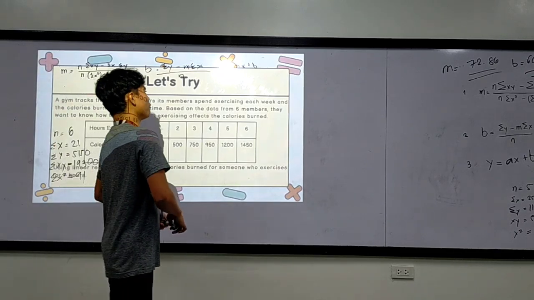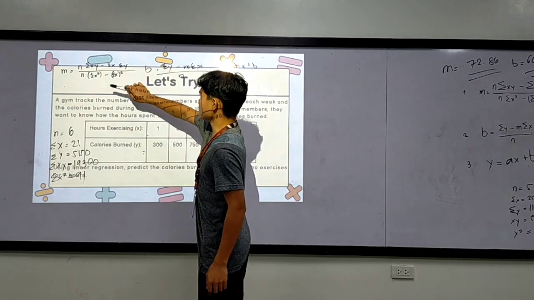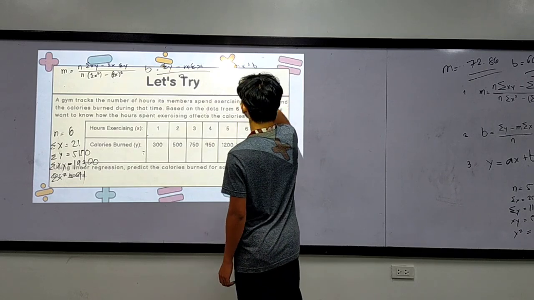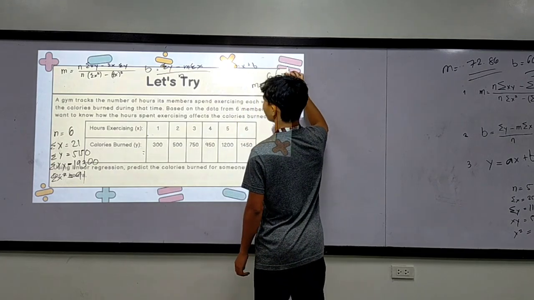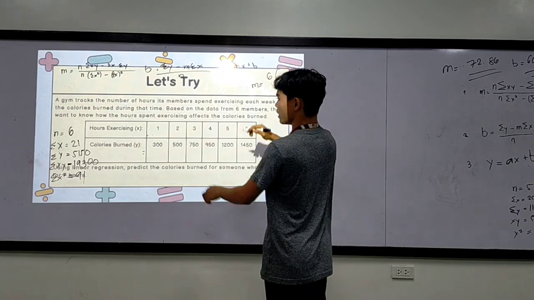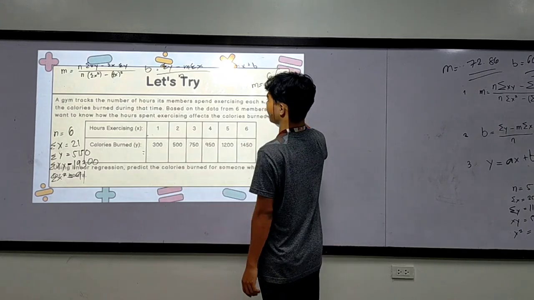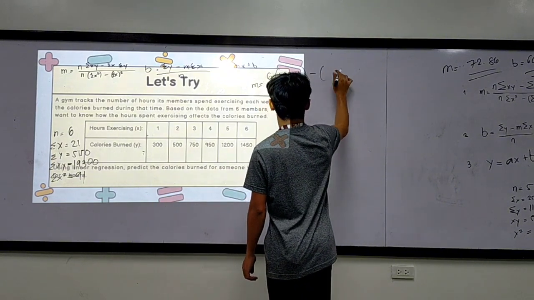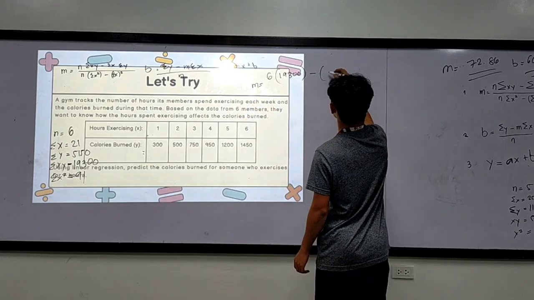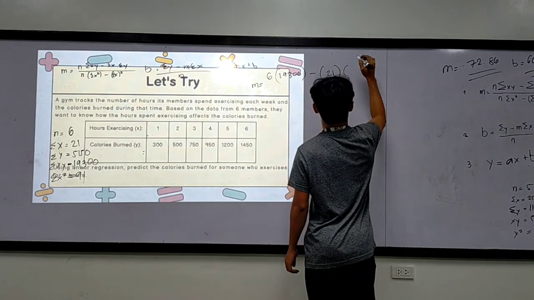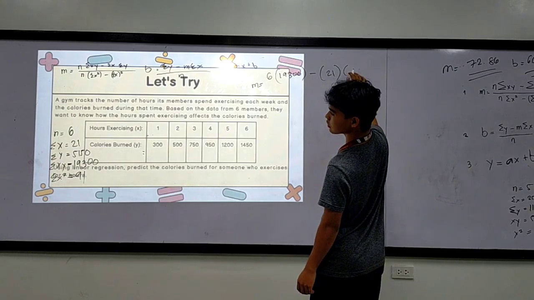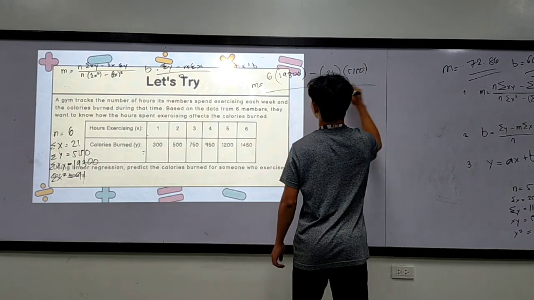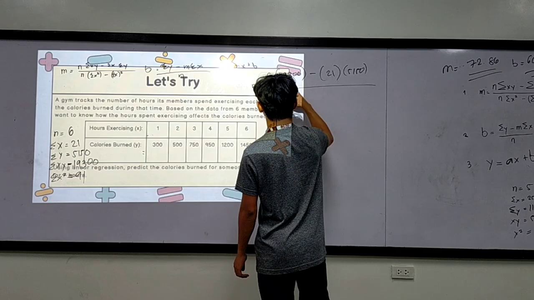So the first formula we're going to use is m. So m is equal to n, where n is 6, multiplied by xy. Xy is 19,300. So 19,300 minus x, which is 21, times y, which is 5150, over 6.